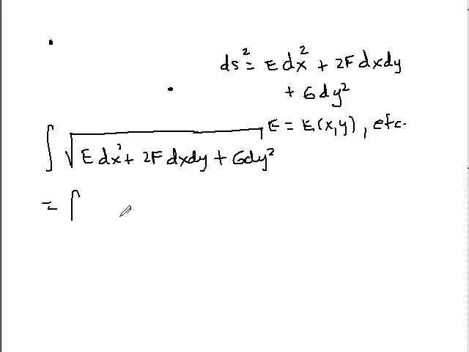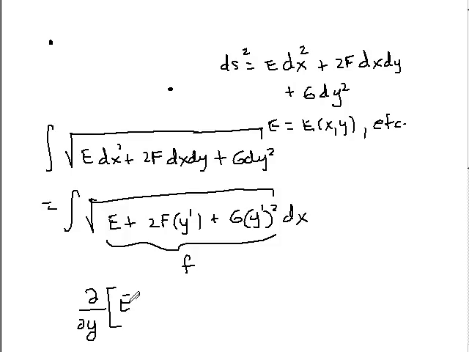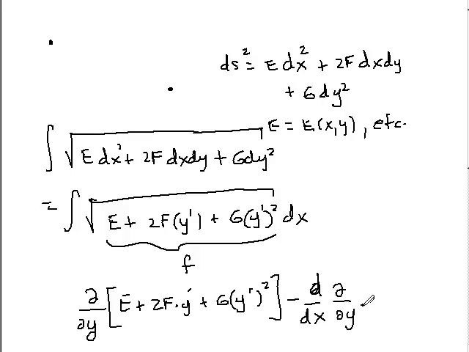And this is equal to square root of e plus 2f y prime plus g y prime squared dx. So this is my f here. And so the Euler-Lagrange equations are now d by dy of this big thing, e plus 2f y prime plus g y prime squared, minus d by dx d by dy prime of that big thing.